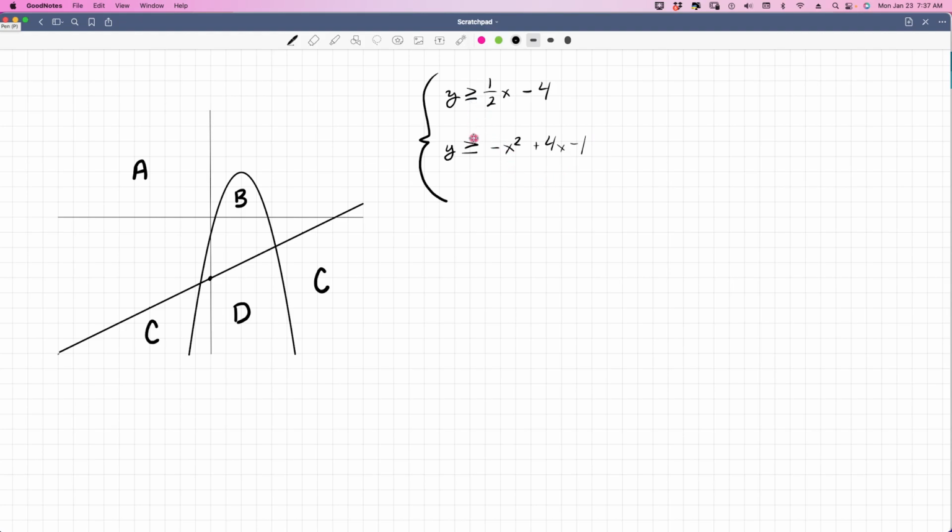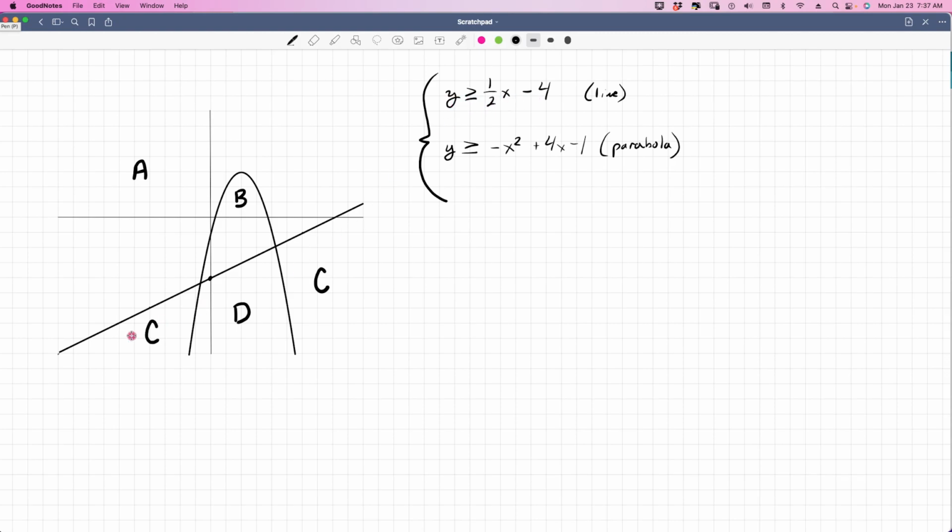So just looking at these, we know that this is the line, and this is the parabola, because we've worked with these equations enough to know the difference between the 2. So we know that the line is going to be included in the inequality because it says or equal to.